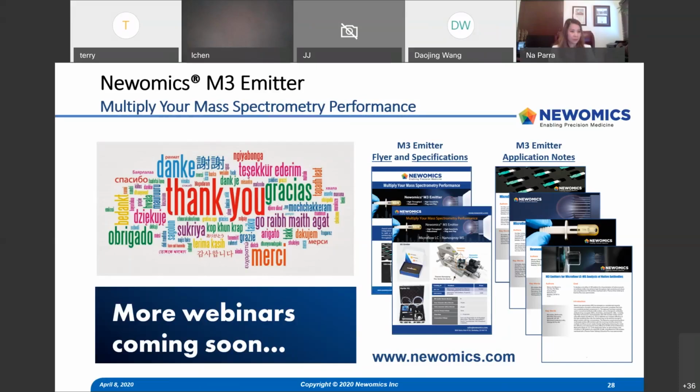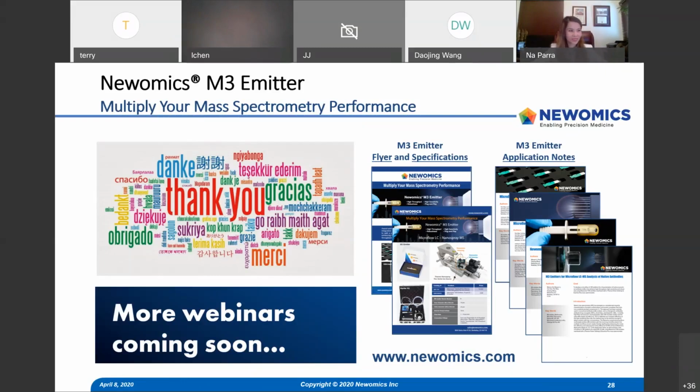So for those of you who don't have a Nanospray Flex source or Nanospray Flex NG source, we may be able to help you interface our M3 emitter to Thermo mass spectrometers, hopefully by the end of Q2. But we are also working with Thermo to make sure our interface works well with their mass spectrometers without any safety issues or those kinds of things.